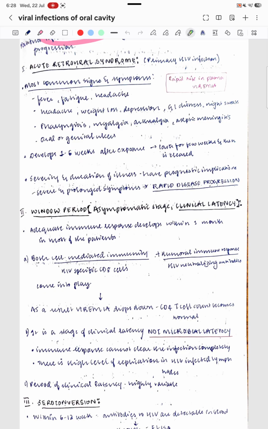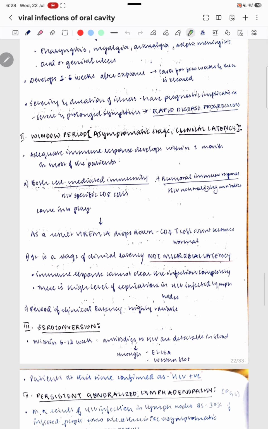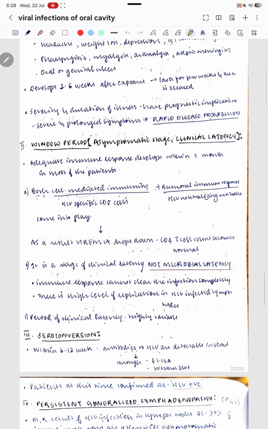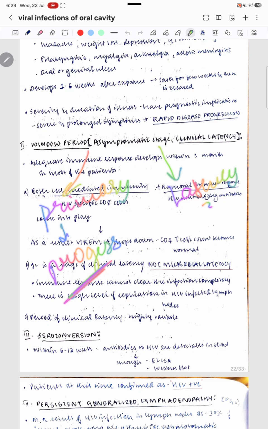Then you have something called the latency period or the window period, where after this episode of prolonged symptoms, those symptoms rapidly stop. There are two possibilities: the primary symptoms might progress and become severe, or there might be latency. The former is rare, and latency is very common.